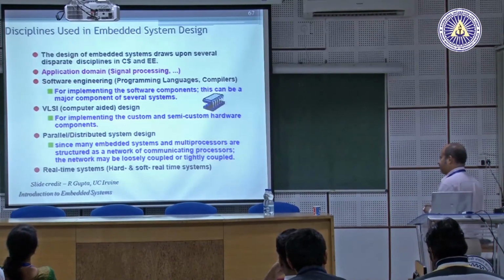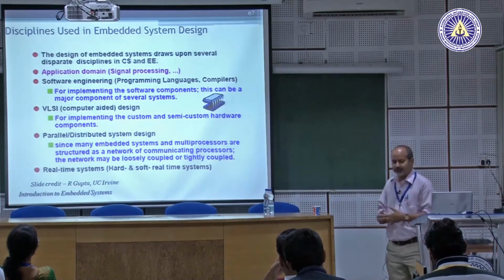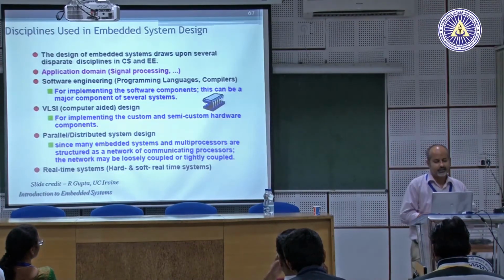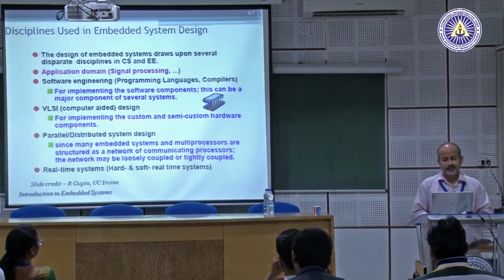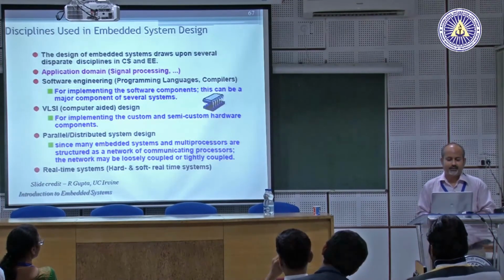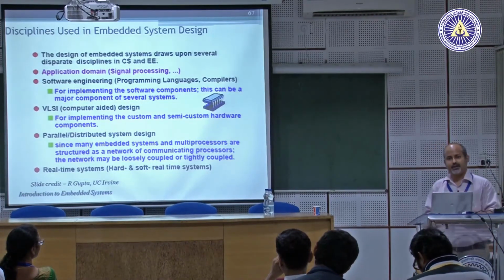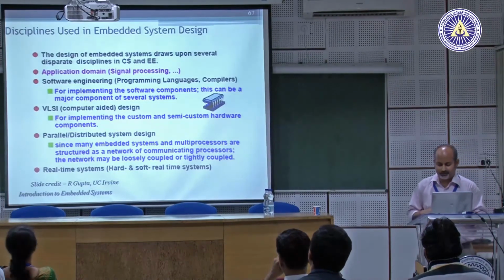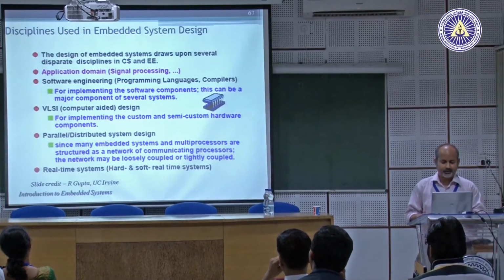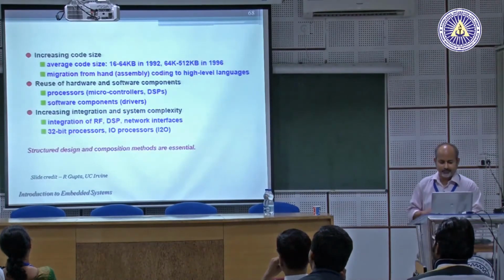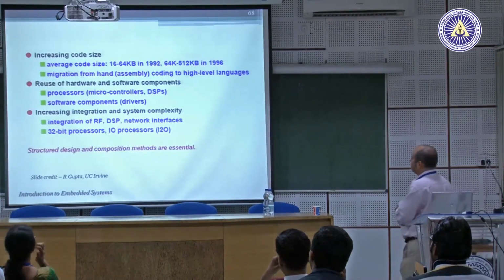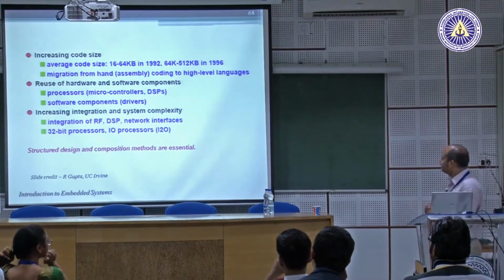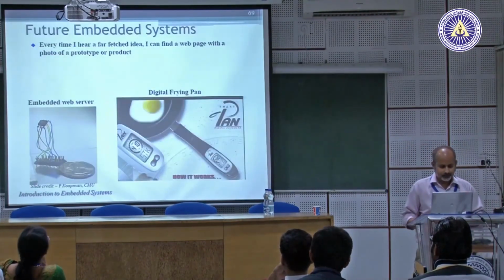Then network systems, real-time systems, and of course you have to understand software engineering, programming languages and compilers, and then you have to understand the application domain as well, depending on whether it is power systems, automotive, music, or whatever. So let's not worry about this.